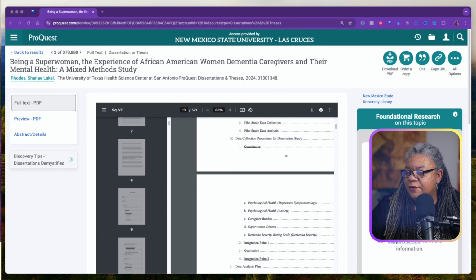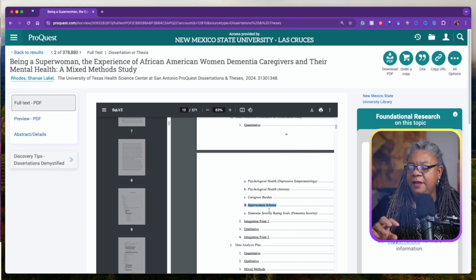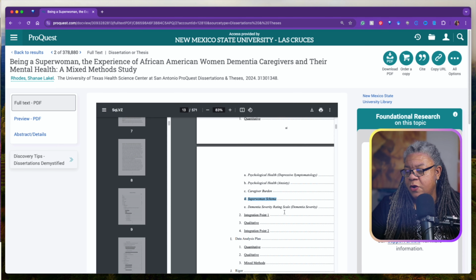The other thing I'm seeing here is in her data collection where she starts talking about these different schemas. She brings up the caregiver burden again, but this idea of the superwoman schema, that may actually be something that would be a really good area in order to develop some research and some writing in an article.